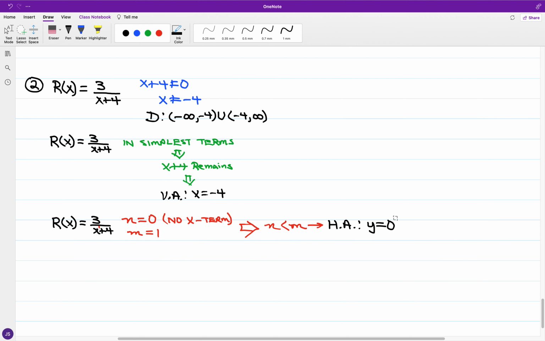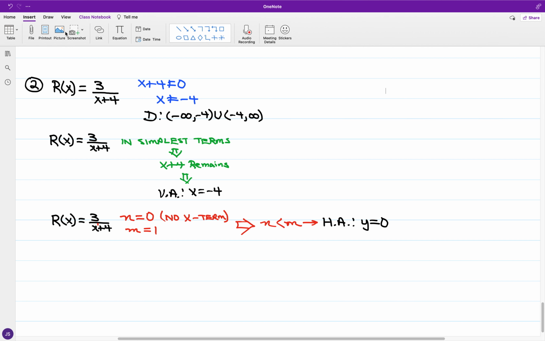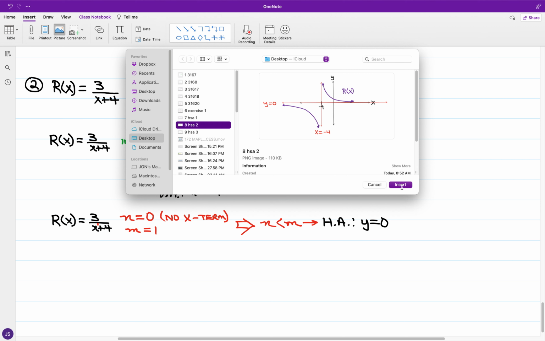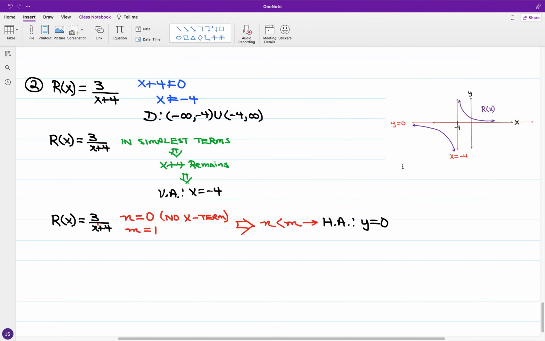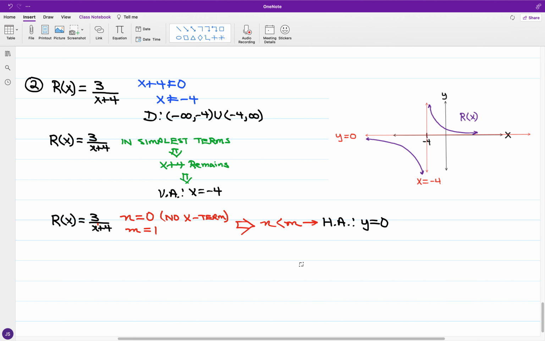So again, we have a couple of asymptotes, one vertical, one horizontal. And in terms of the general behavior of the graph of this particular rational function, we've got the vertical asymptote x equal to -4, and the horizontal asymptote, y equal to 0, so that is going to be the x-axis.